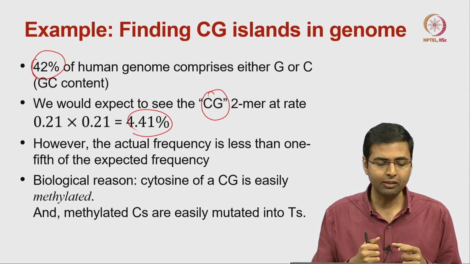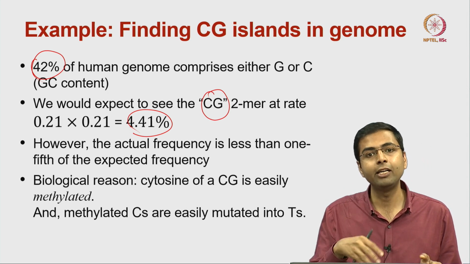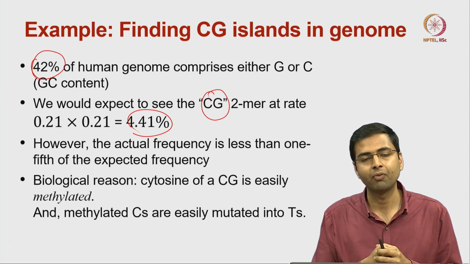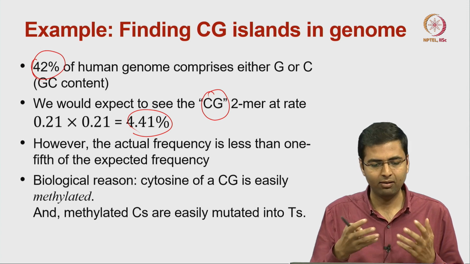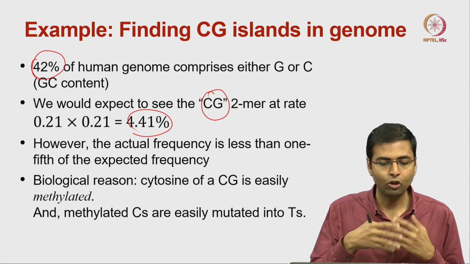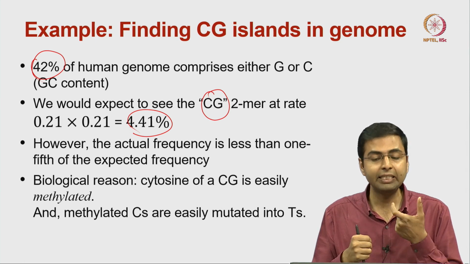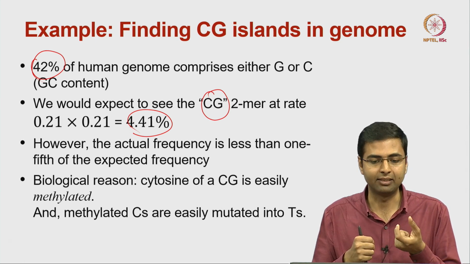Also, the methylated Cs are easily mutated into T characters, and this is why, from an evolutionary perspective, the human genome has a much lower frequency of CG bases.